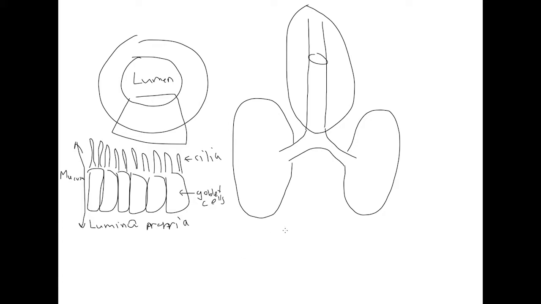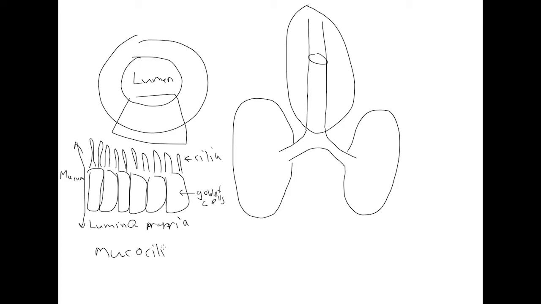Well, they help to produce mucus. All of the mucus in your trachea. They don't produce all of it, but they help to produce all of it. Anyways, the cilia and the goblet cells work together to help form the mucociliary escalator.